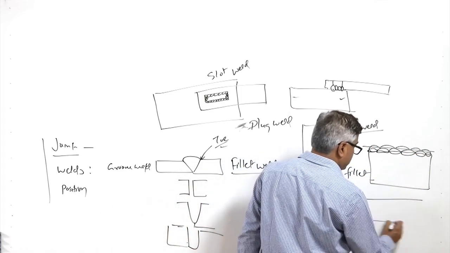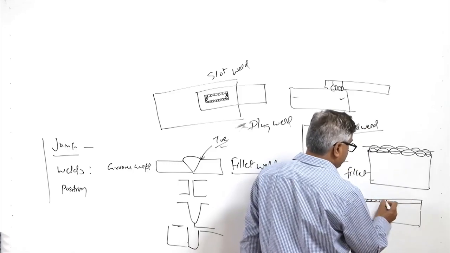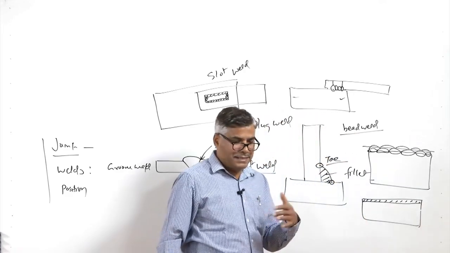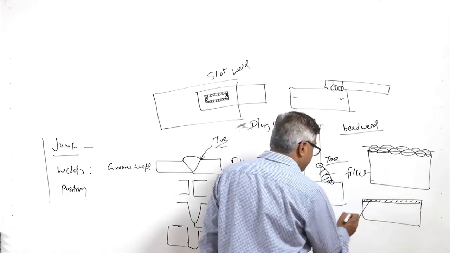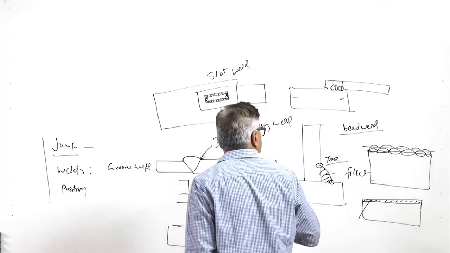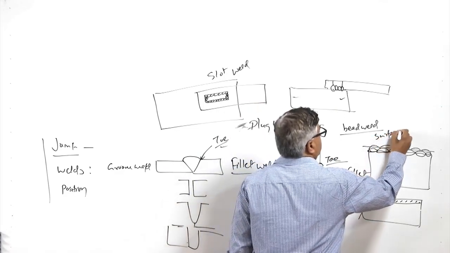So, the surface with the weld bead deposited like this will help to regain the size and shape of the component, as well as improve the surface properties of the component. So, this one is called the surfacing process.